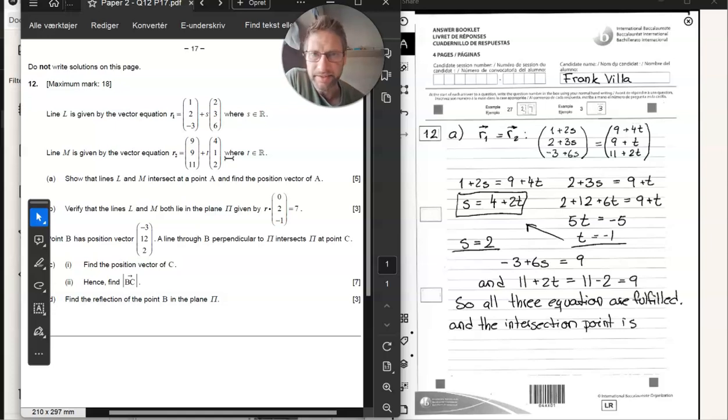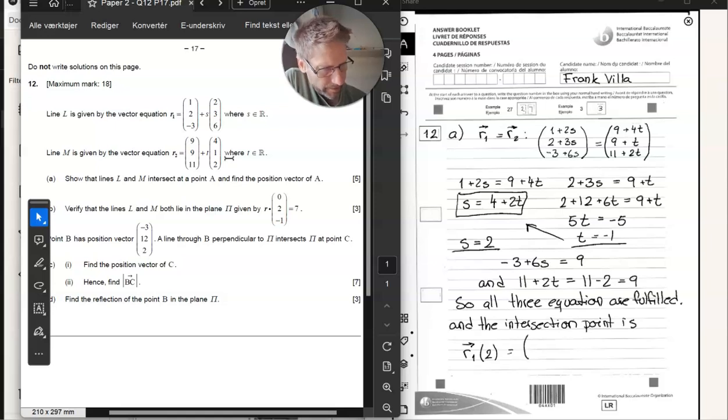we can get that by taking either the value of s and putting into the r1, or the value of t and putting into the r2. It's going to give us the exact same result. That's what we just made sure of. So we could just say we take r1 of the value of s, that is 2.